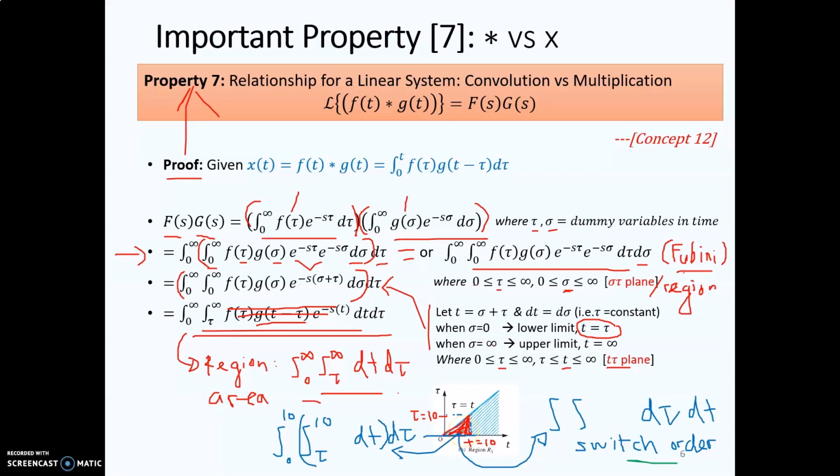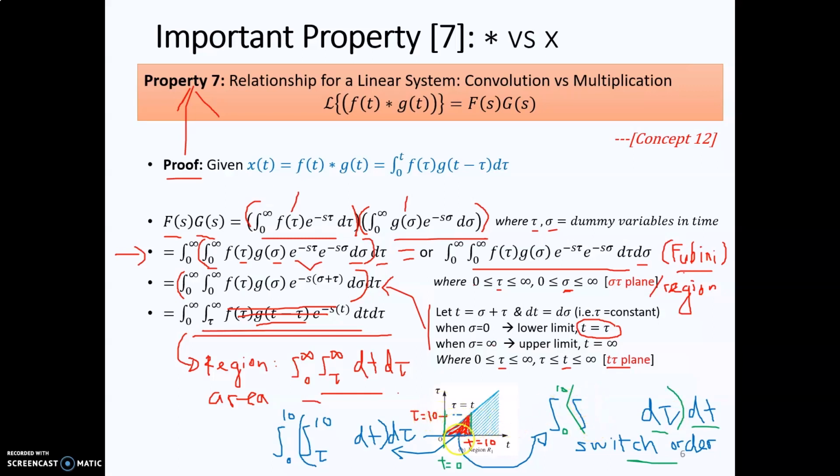We also can find the region area by using this formula, where you can see we switch the order for the tau and also t. So in this case it is dt d tau. The limit for the dt at the outside must be a constant. So your t here is starting from t equal to 0 to t equal to 10 here. Then you continue for the limit tau. So the limit tau must be a function.